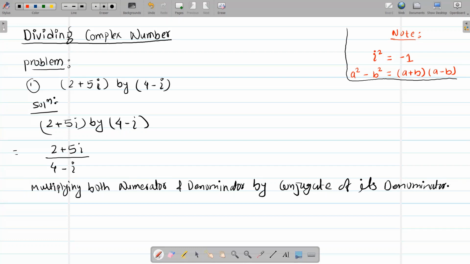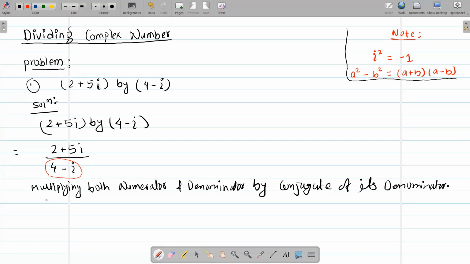So what does that mean? We have to find the conjugate of the denominator, right? Like in the last video, I showed how to find the conjugate of the denominator.